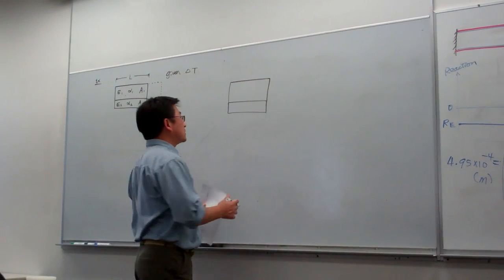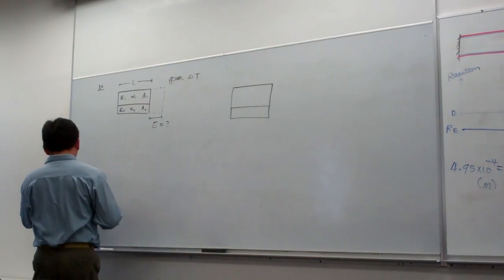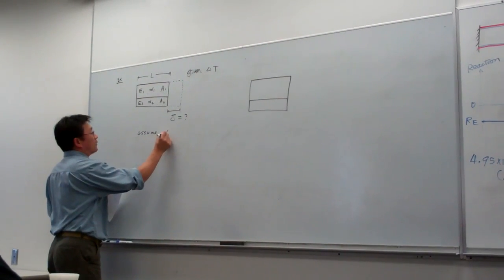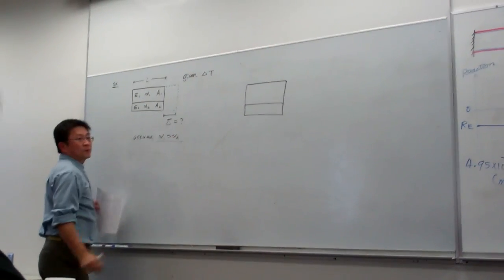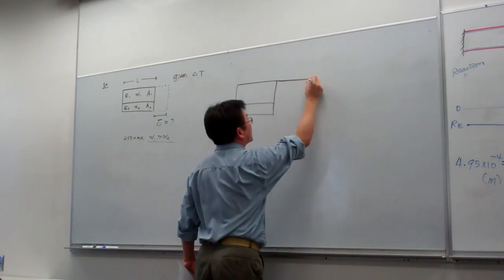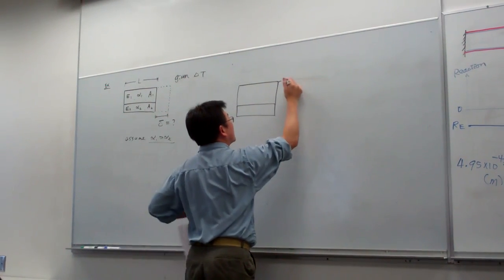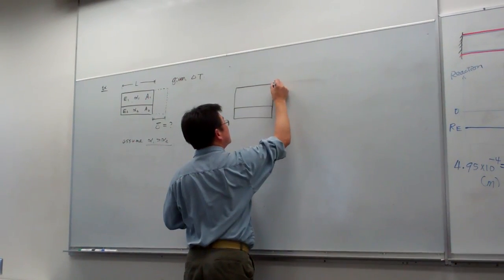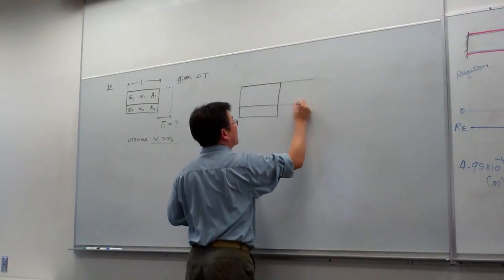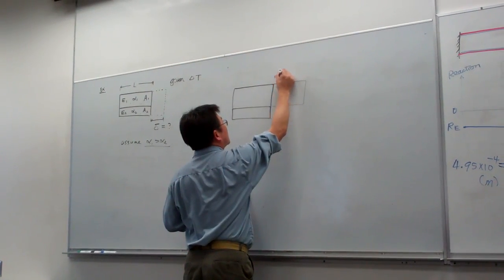Assume alpha 1 is greater than alpha 2, okay? So if they're free to move from each other, this will deform by that much.